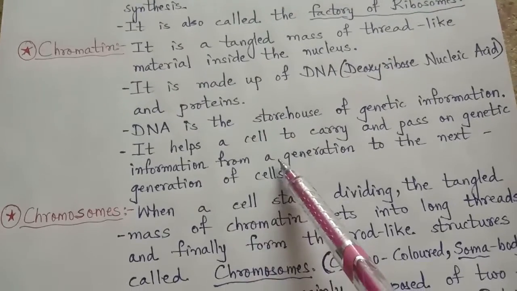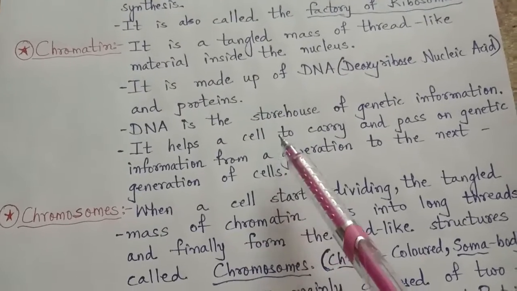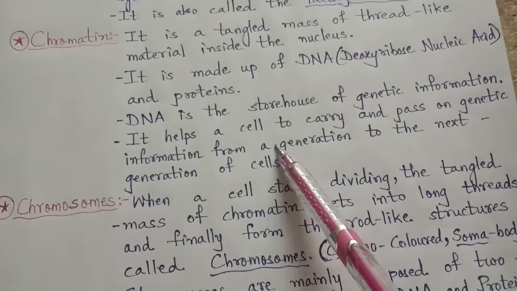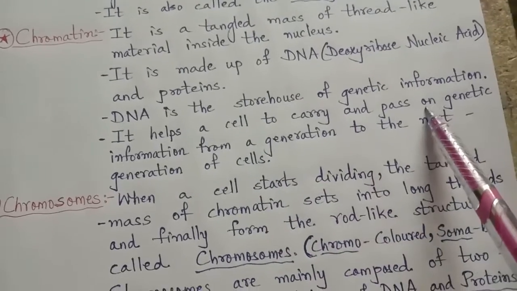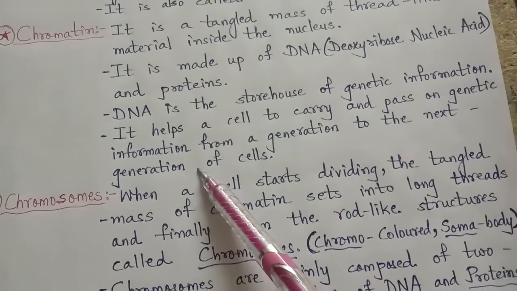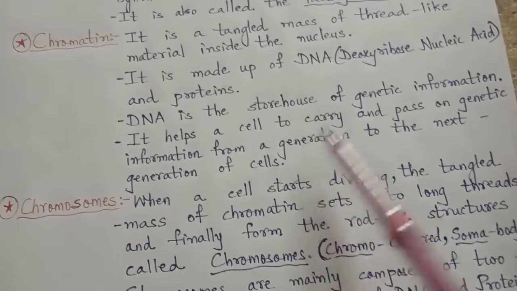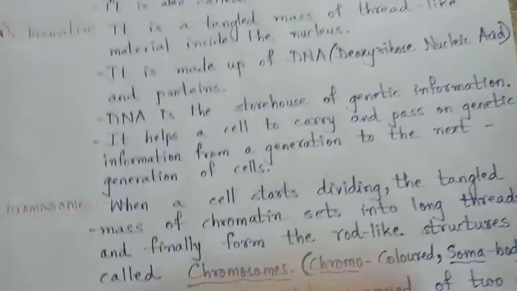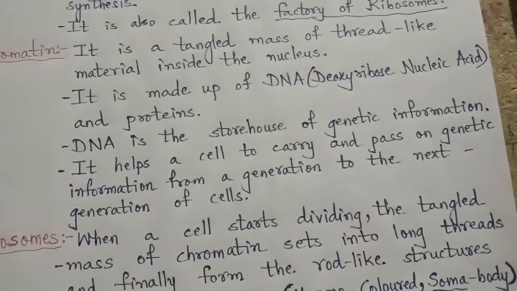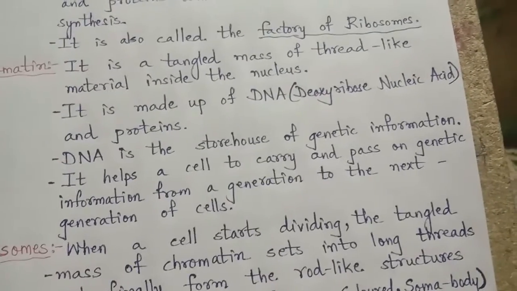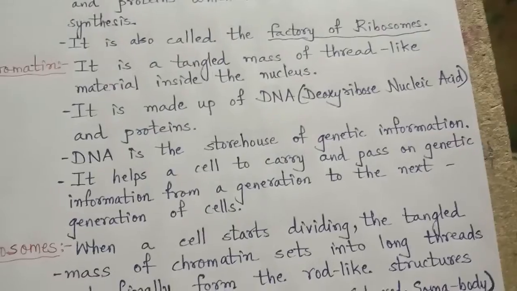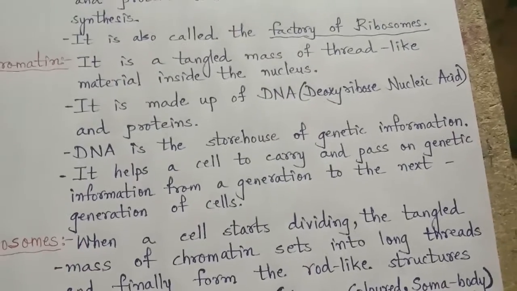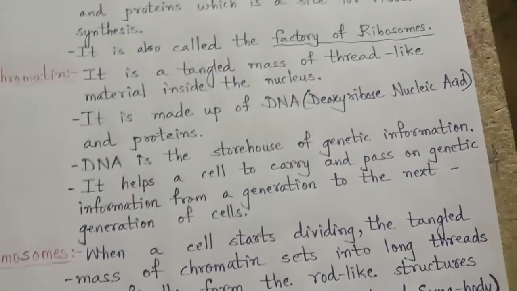What is genetic information? It is a material which helps the cell to carry and pass on genetic information from one generation to the next generation of the cells. Genetic information means information which resembles from parents to the daughter cells, right?